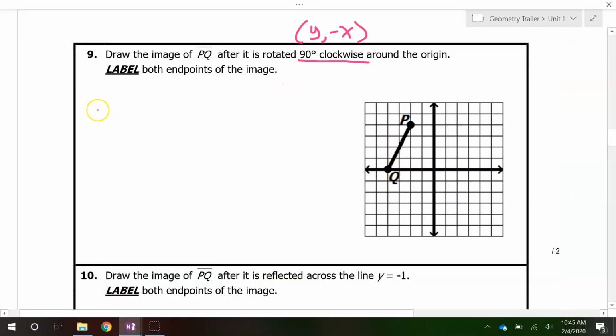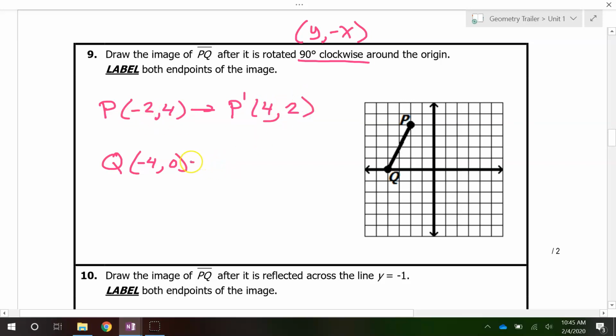So let's see. The original points are P, which is (-2, 4), and Q, which is (-4, 0). Now for P prime, we will use the rule (y, opposite of x). Y is 4. The opposite of x is +2. Let's do the same thing for Q prime.